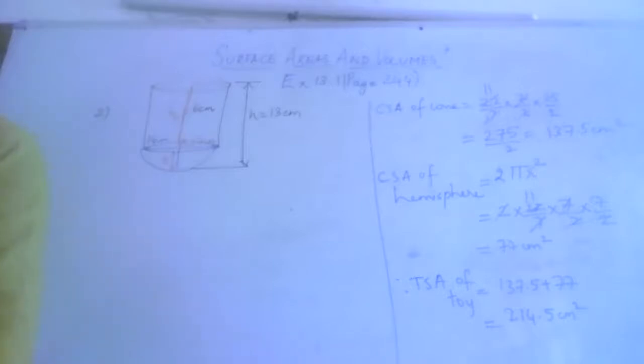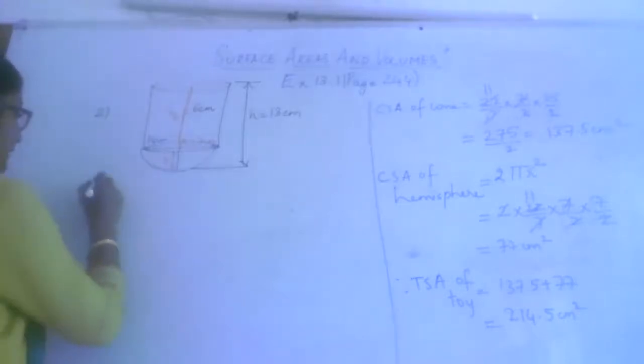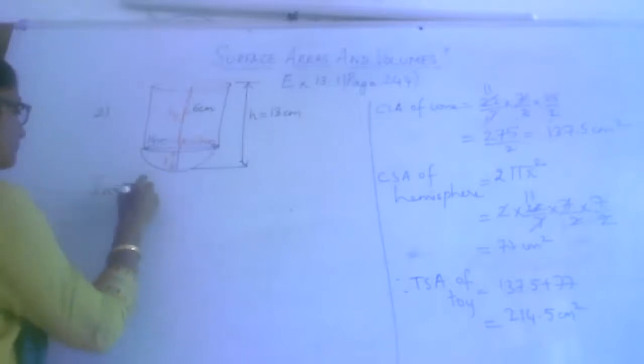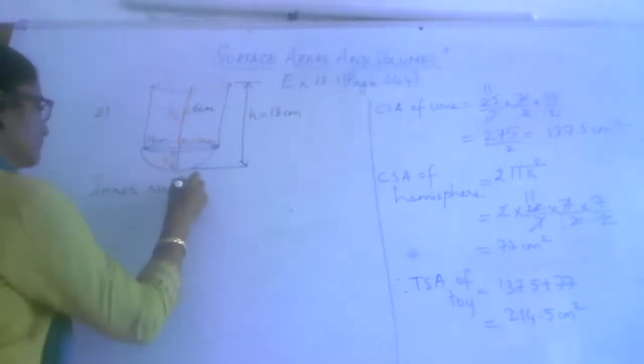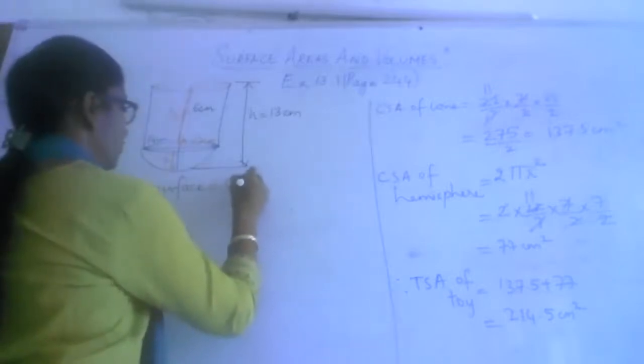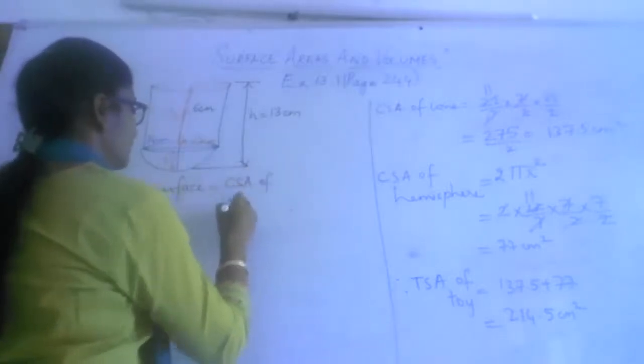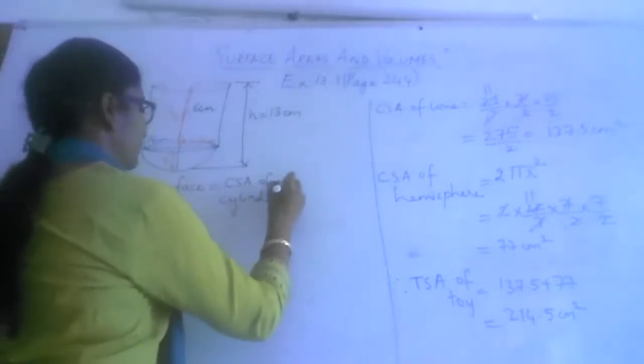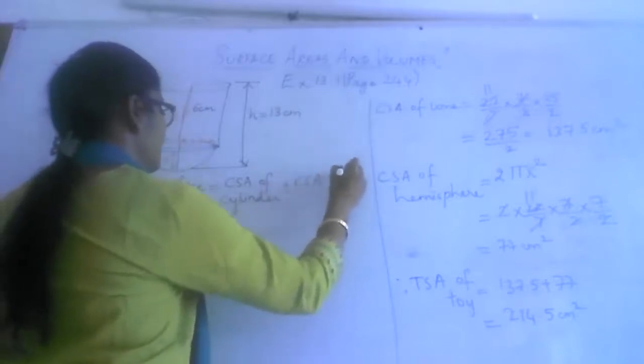So I can say the total surface area of the toy, or I can tell the inner surface area of the toy, will be equal to CSA of cylinder plus CSA of hemisphere. Correct?